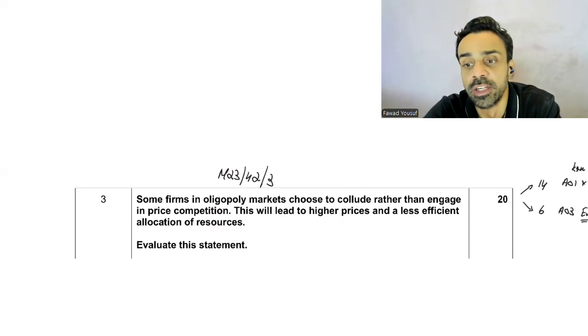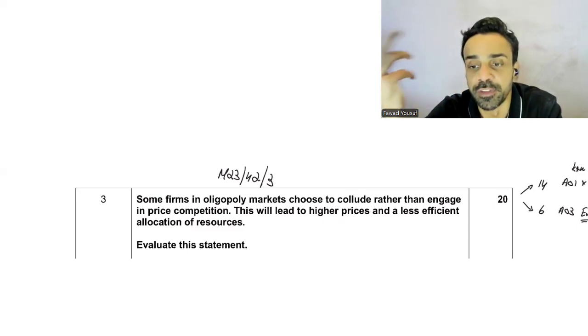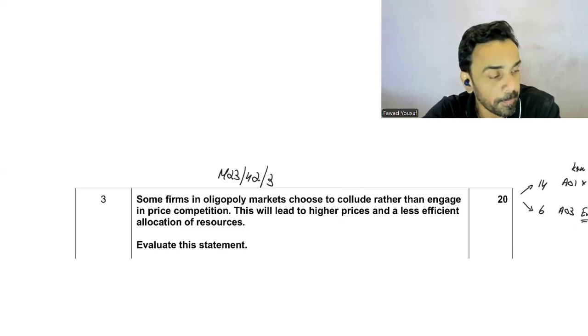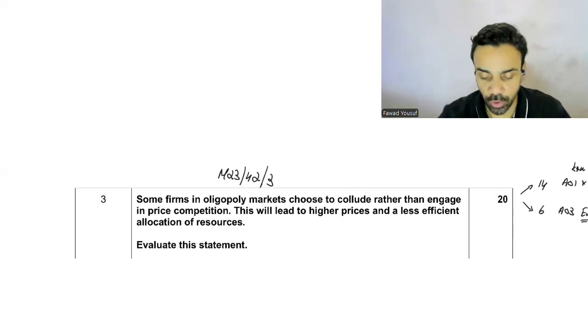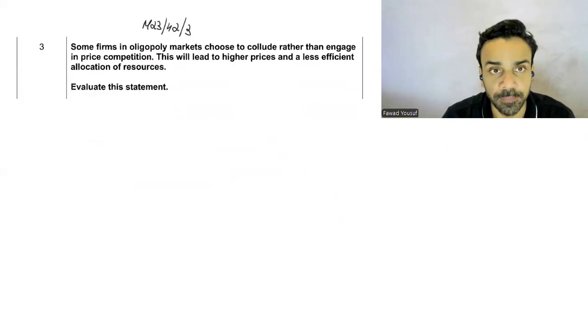No, it does not lead to higher prices and more inefficiency. In fact, you can have lower prices also, and you can end up at much higher efficiency, dynamic efficiency. In the long run, usually it is dynamic efficiency that is discussed.